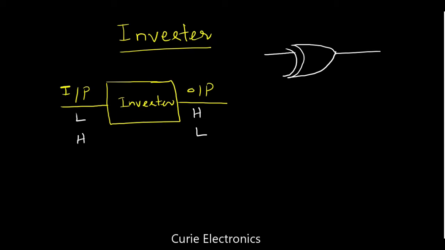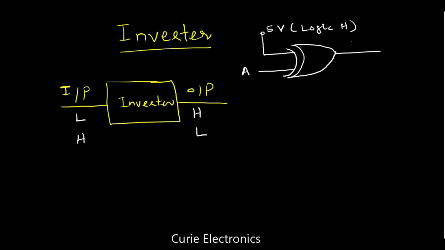So here, one of the inputs of the XOR gate I will connect to logic high, 5 volt means a logic high. And the other input I will feed the input A. That will be coming from another digital circuit.